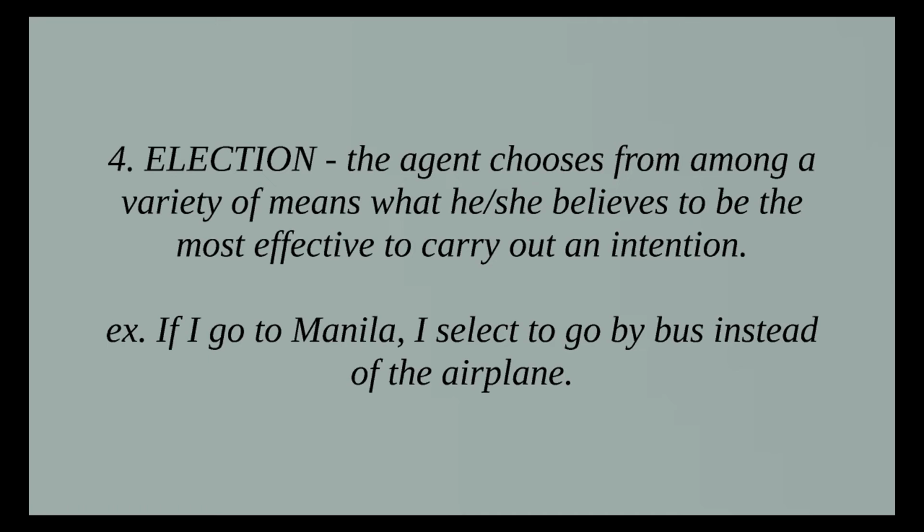Like for example, may pinuntahan ka, malapit lang naman, then you have that motorcycle, or may motor kang single, instead na ginamit mo yan, nagbike ka na lang. Tipid pa sa gasolina. And that is the most effective for you to carry out your intention. Okay, so that is election.